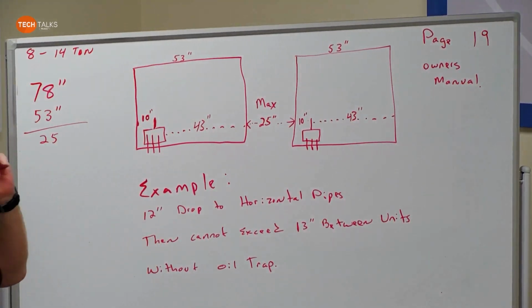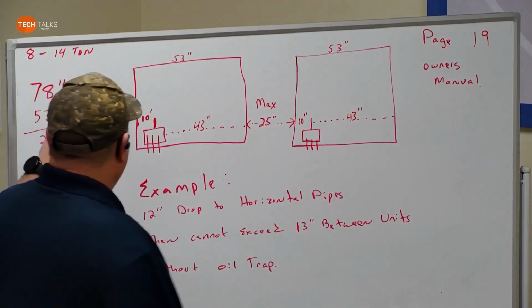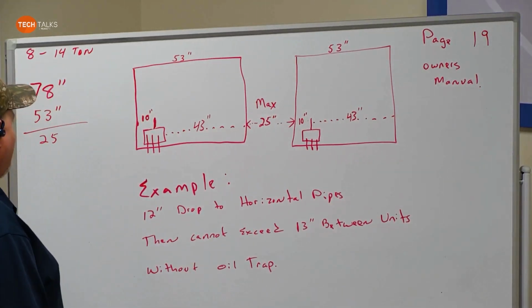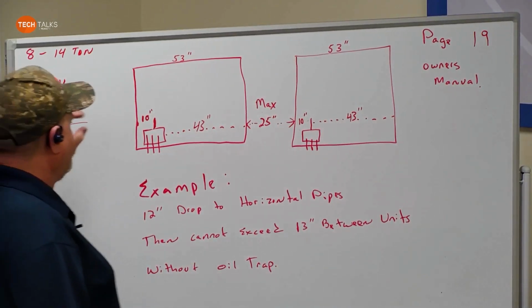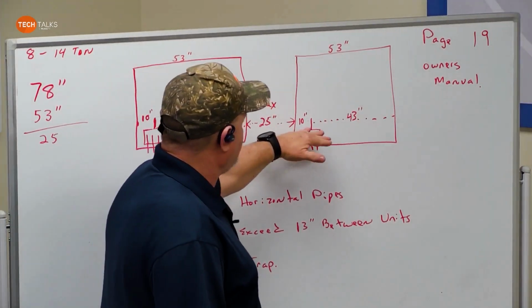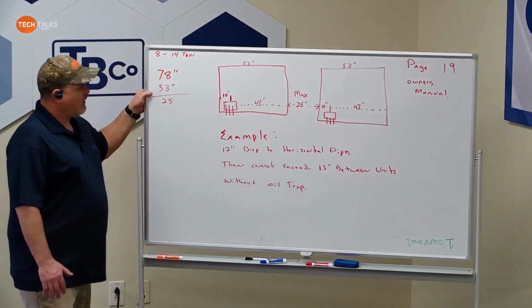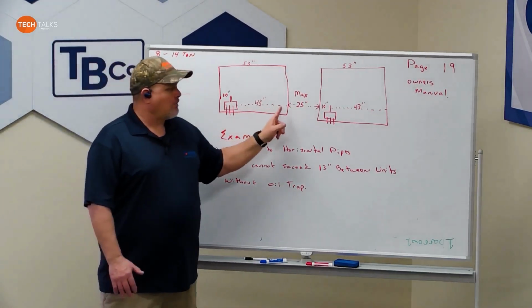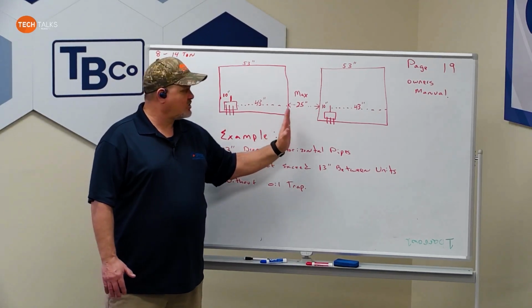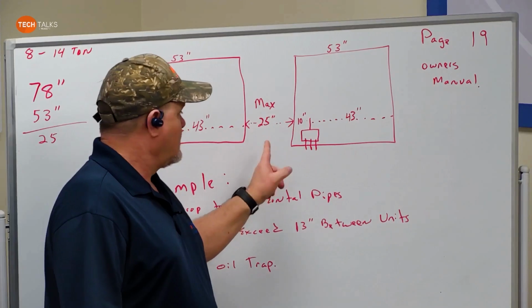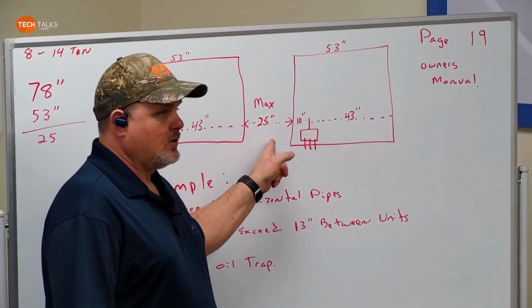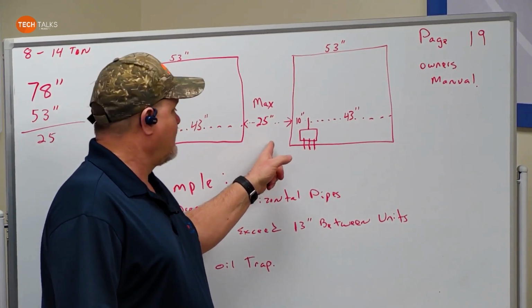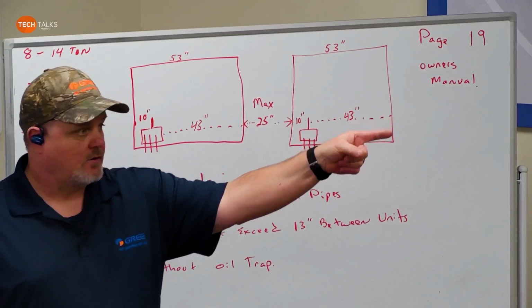I had to get my brain turned back on. Okay, so if your maximum is 78 inches, so you've got your 43 and your 53, you got to subtract that out. That's where we came up with our maximum distance between the units is 25 inches. You can't exceed that. If you do, then you got to do that trap.